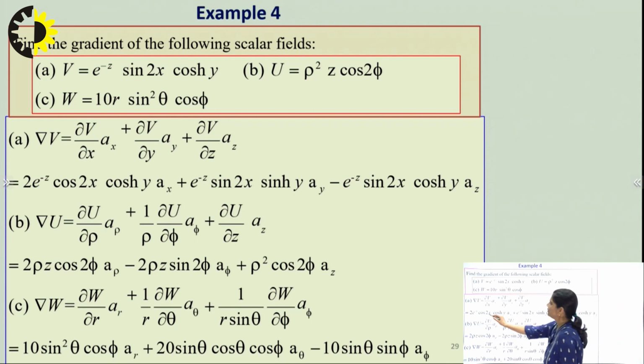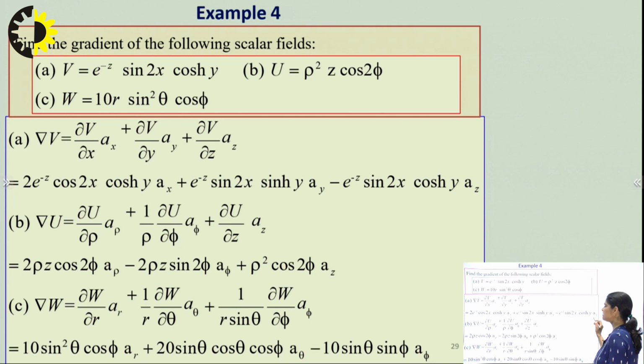Then we can find this is with respect to x, this is with respect to y, this is with respect to z. Now second case, again we have to do it like this. Similarly we can find gradient of scalar fields for all these three parts.